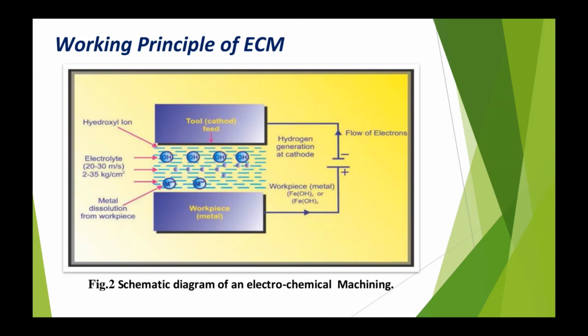So here in this figure I have shown that during this electrochemical machining there will be a reaction occurring at the electrodes, that is at the anode (workpiece) and at the cathode (the tool), along with the electrolyte.